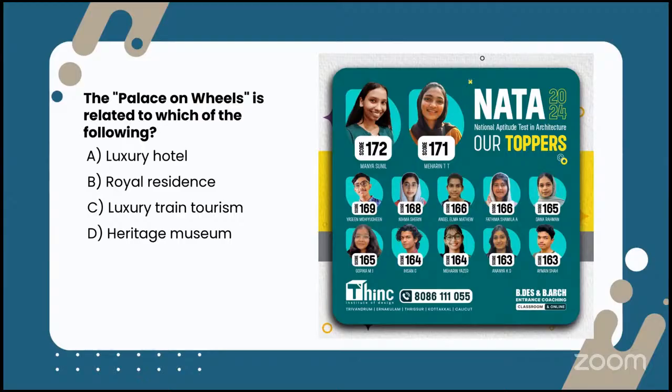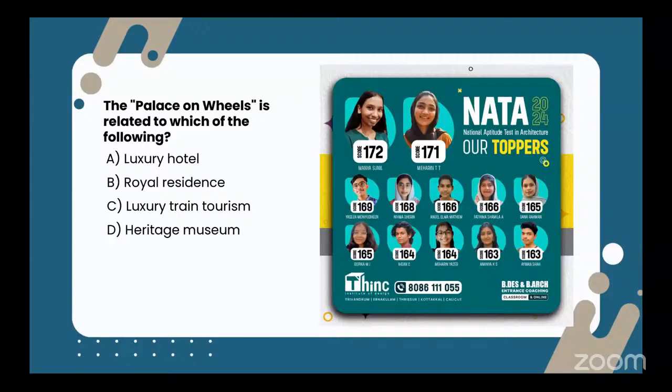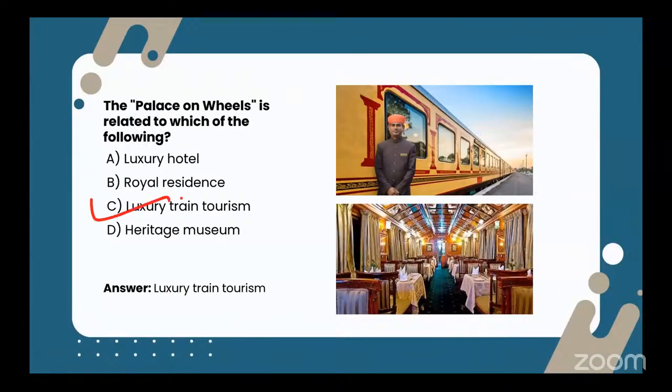Basically, the Palace on Wheels is a luxury tourist train. It was introduced by Indian Railways, first in association with the Rajasthan Tourism Development Corporation in 1982.